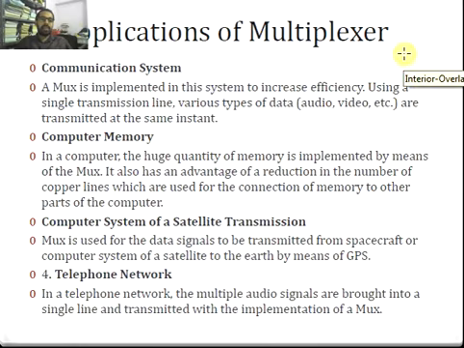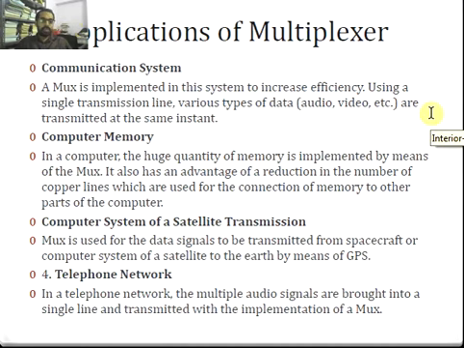Here we will see different applications of the multiplexer. It is used in communication systems, where it can improve their efficiency. It can be used in computer memory, where we can reduce the number of copper lines used for connecting memory to other parts of the computer.